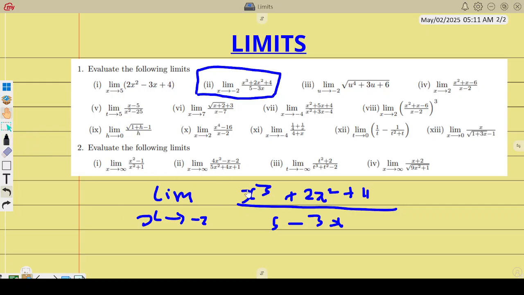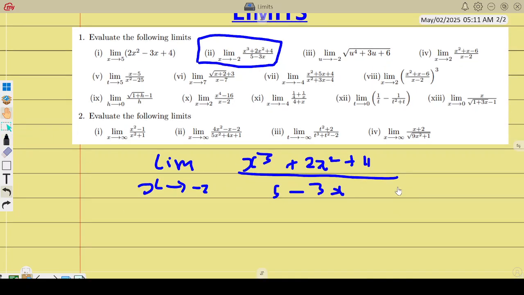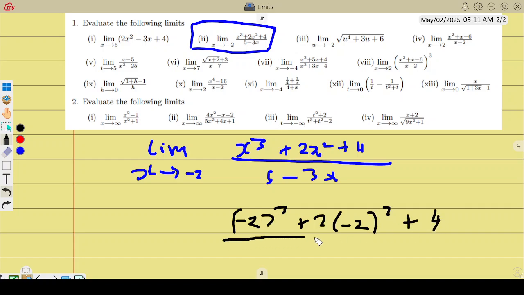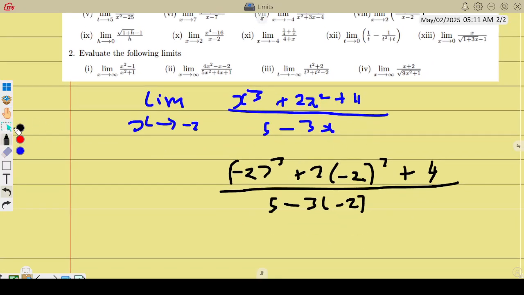Here you have to understand that when you substitute, the limit should always be dropped. At this point we're substituting, we're not going to write limit. We're just going to write negative 2 to the power 3 plus 2 negative 2 squared plus 4 over 5 minus 3 negative 2. And then you finish it up from there.